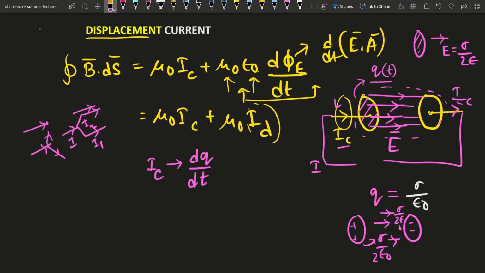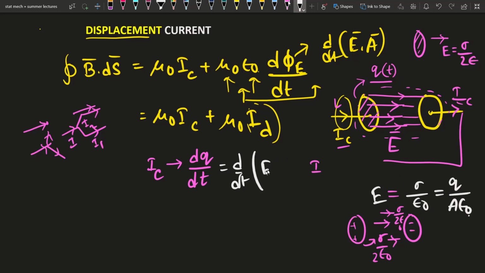Sorry, it is not q, it's actually the electric field, right? Now sigma is equal to q divided by A, so q will be equal to E A epsilon naught.